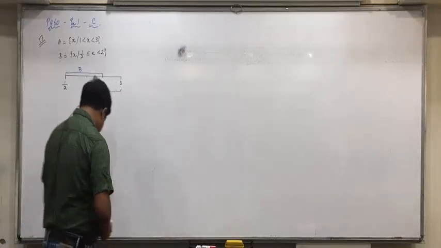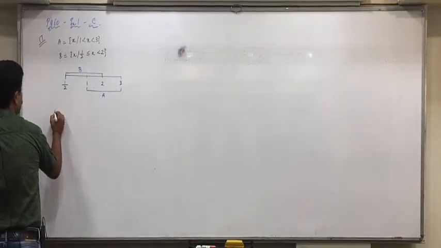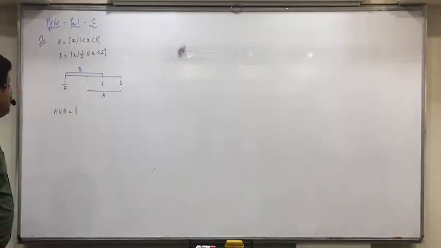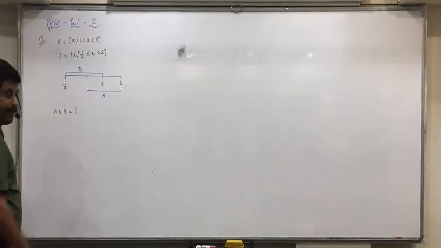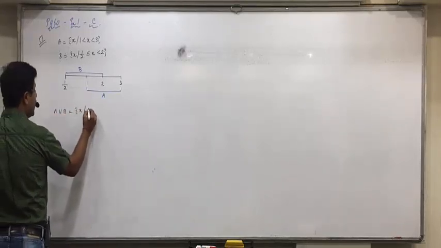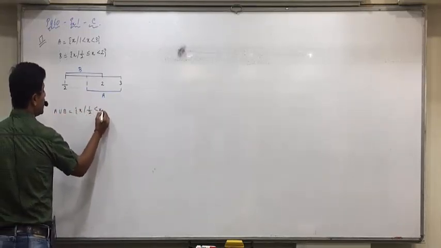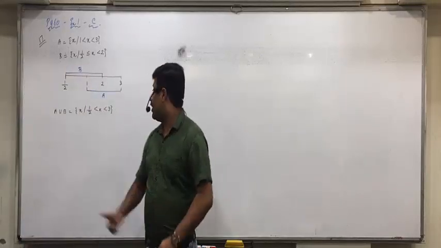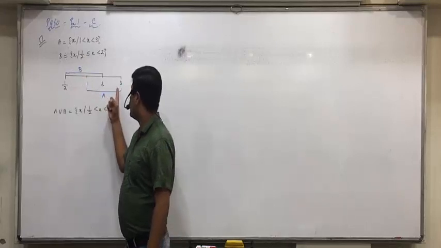First, you are asked to find A union B. On the number line, you can see A union B will be from half to 3, everything. Write x such that 1/2 < x < 3. A union B will be from half to 3 entirely.